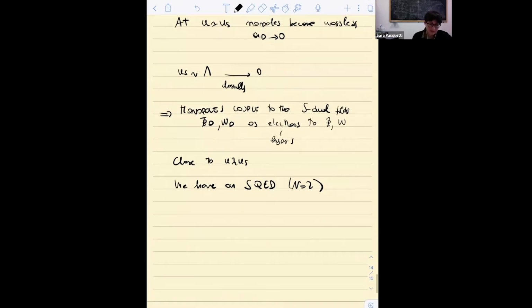So in this super QED, now I know everything, right? This is an infrared free theory. So we know how to write, for example, the holomorphic coupling. So we know that the beta function of the dual coupling will be that of QED. So notice it is positive. And then I can calculate the dual coupling.